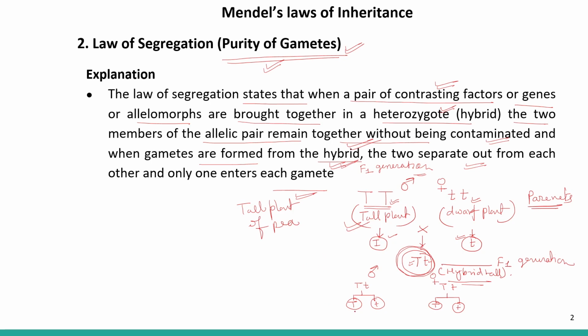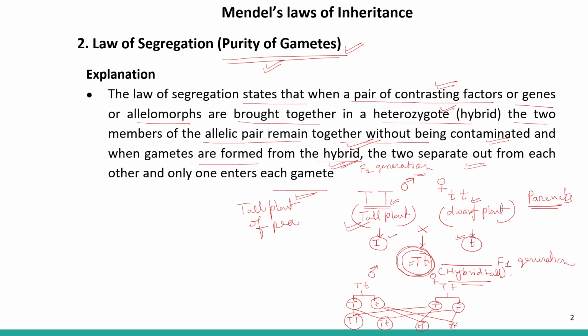The capital T will unite with the capital T. So this can be one of the combinations, capital T and capital T, right? Another combination can be capital T and small t, capital T and small t. And this can also be a combination, small t and capital T, and small t, small t.